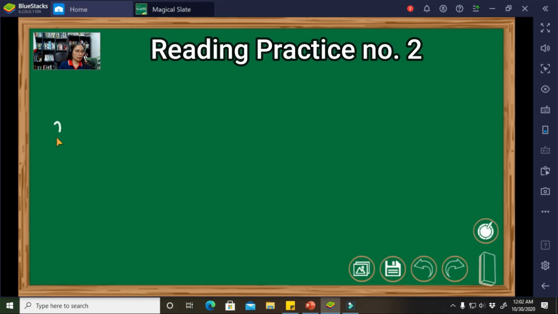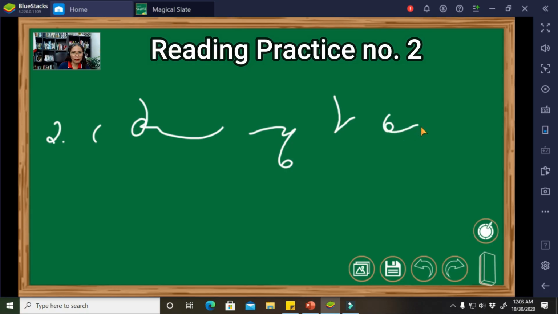Okay, so this is your sentence number 2. You can rewrite it and try to analyze. Okay, then write the longhand, then comment below.